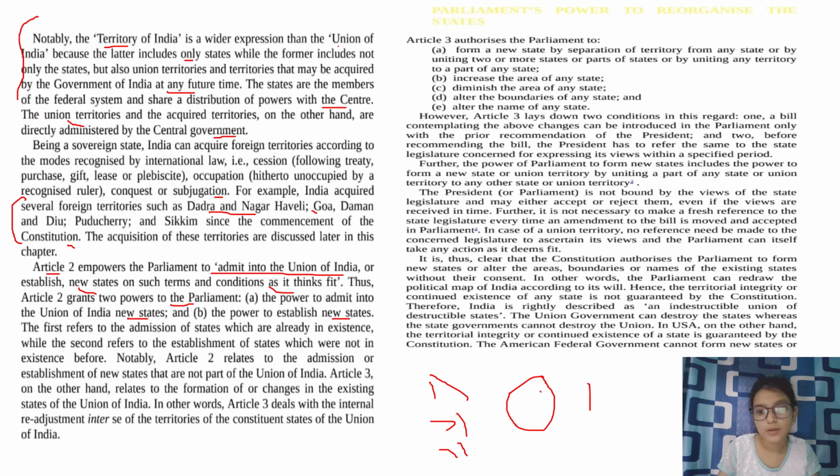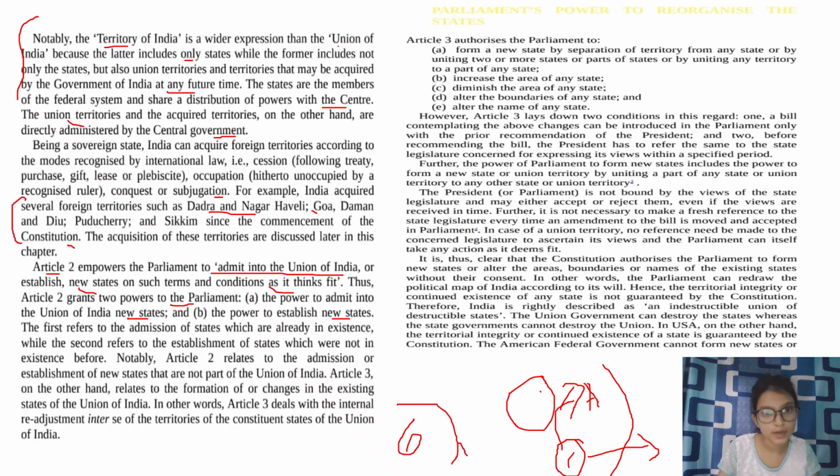For example, Assam is a state. So, Parliament or the government has the power to add some other areas into the premises of Assam. So, that is the admission of some state which is already in existence. Now, the second scenario talks about, for example, a certain place from Bhutan, which is a foreign country.